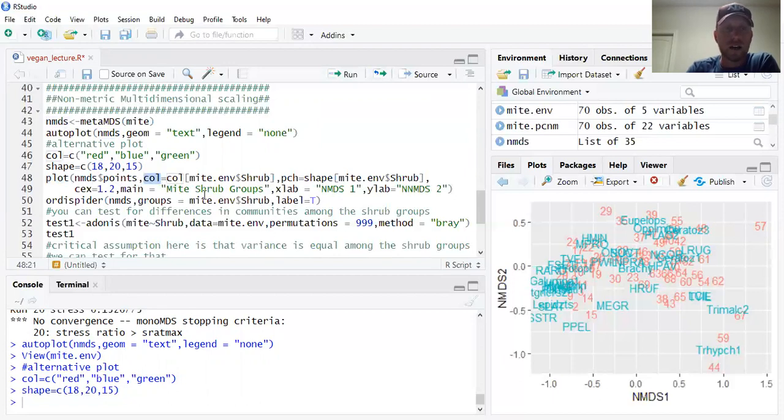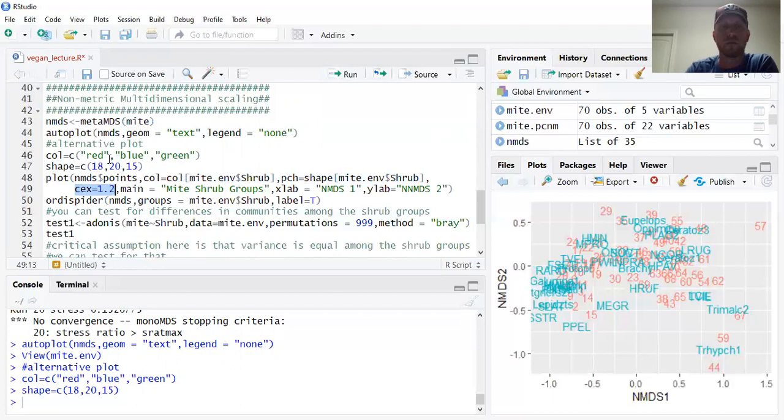We're using col, the same thing we created here, and notice we're indexing it by mite.env and the levels of shrub. Same thing with point character, pch. This is equal to shape, the thing we created here, indexed by mite.env, the levels of shrub. There's a comma there, meaning that we go on to the next line with this code. cex was character expansion.